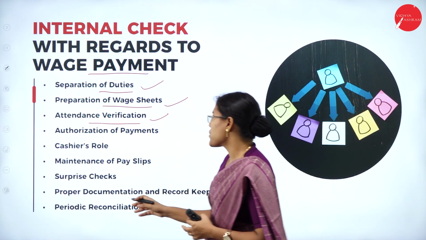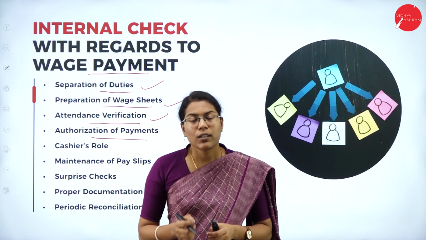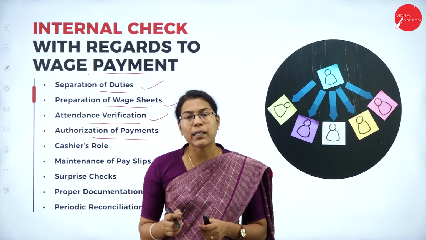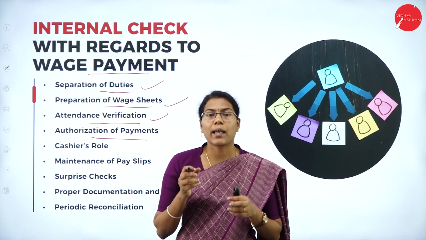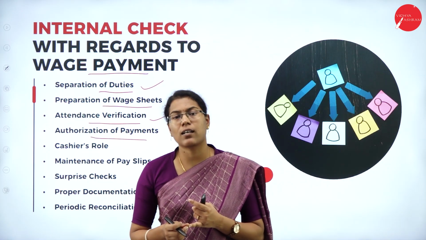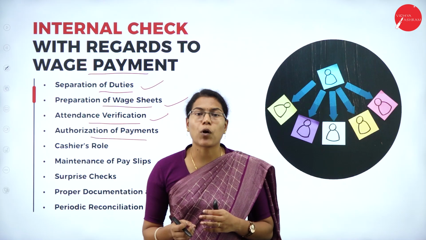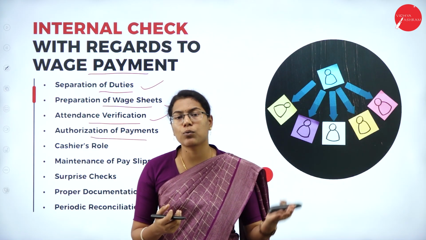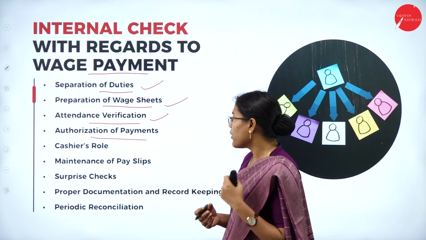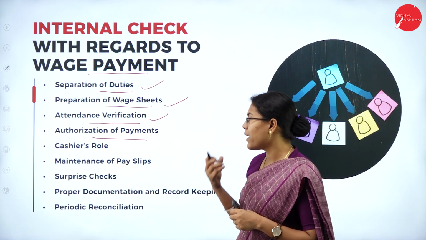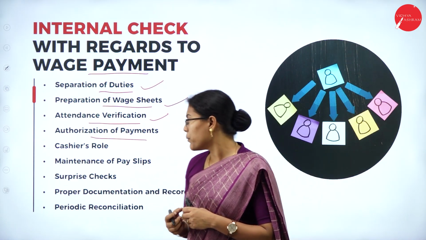Then authorization of payments. The person who is authorizing the payment must ensure that the employee's attendance is considered, his work is calculated properly, and the amount is multiplied by the number of hours that the worker has worked, and then go for authorizing the payments.